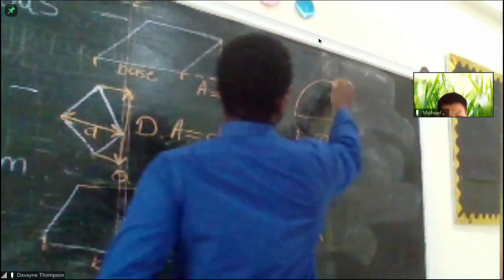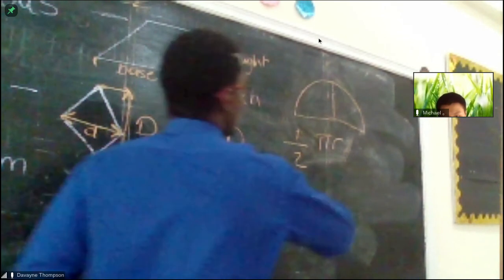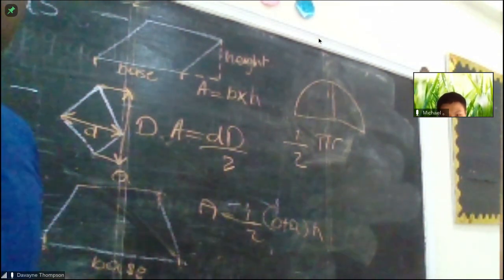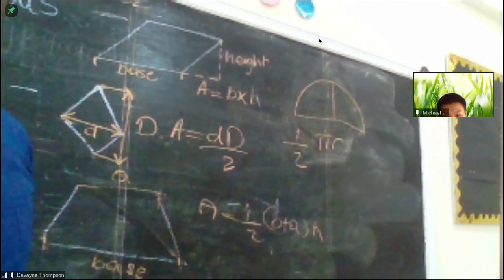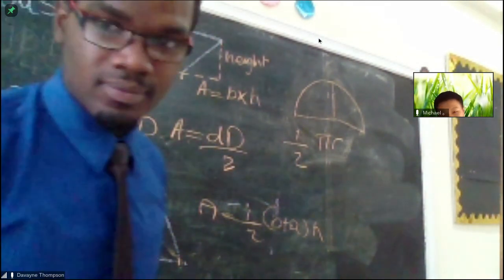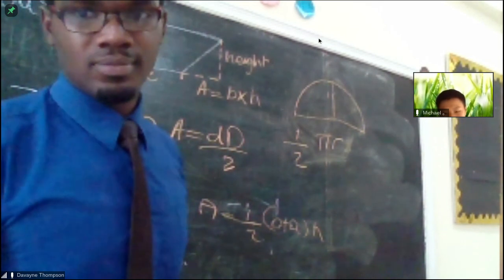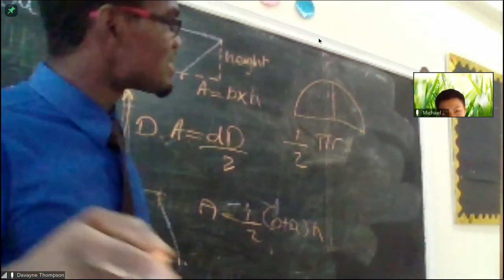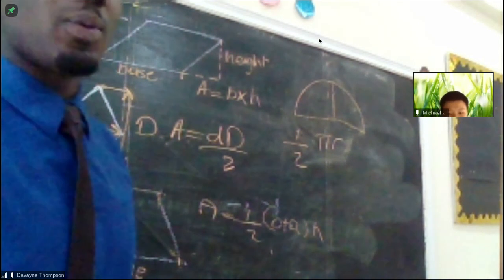Michael, one last question before you go. What would be the formula for that then? 1/2 multiplied by pi squared or pi r squared. That's close. I see what you're doing, but here's what I want you to do.